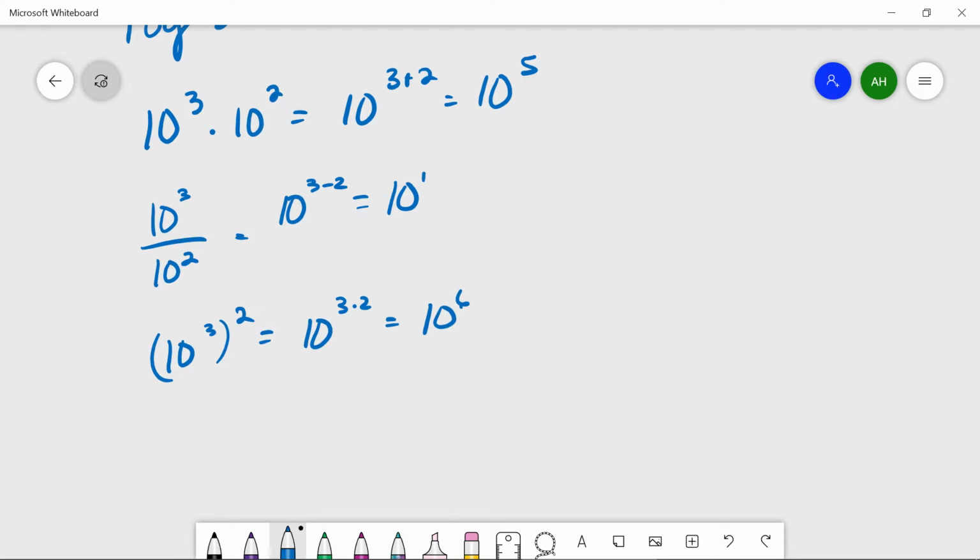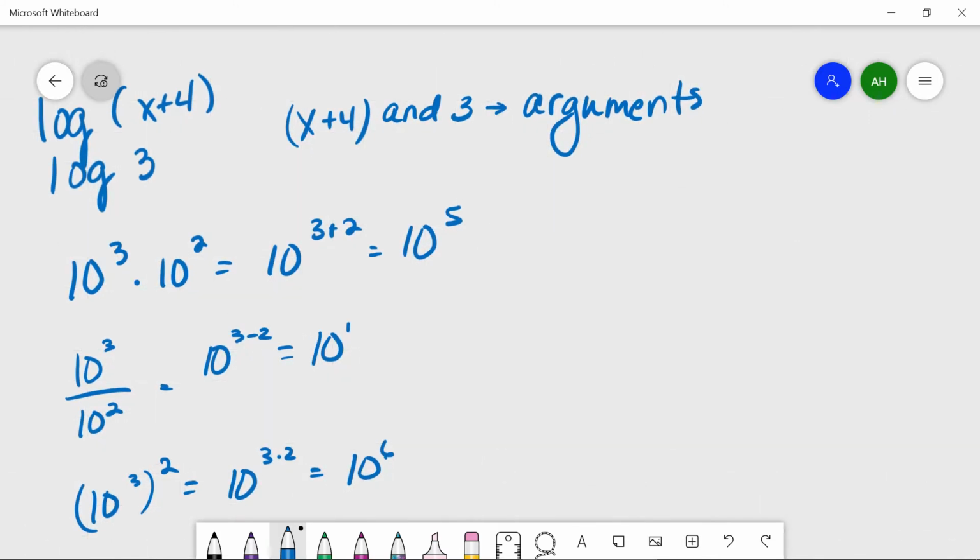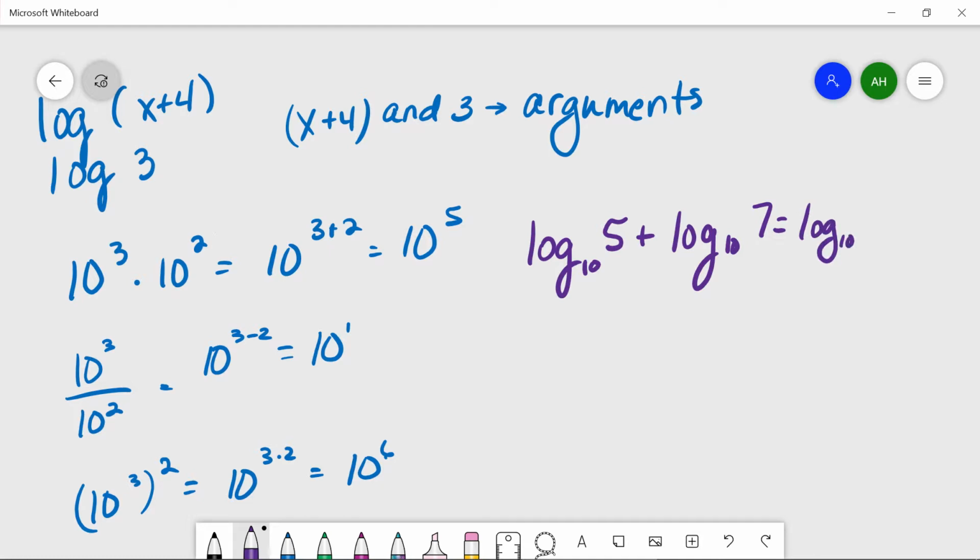Remember that? All right, so if logs with the same bases are added, the arguments are going to be multiplied. All right, so if I've got, I'm going to come up here and do this log, which is going to be base 10 of 5 plus log base 10 of 7 is going to equal log base 10 of 35.